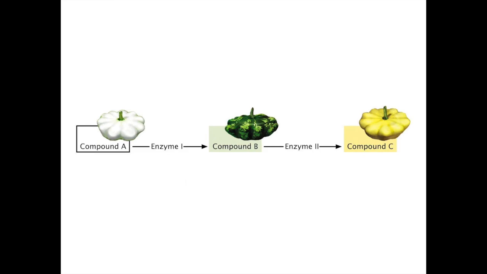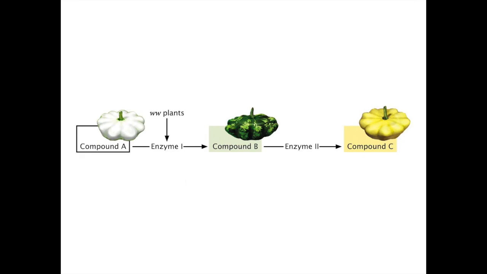Here we have an enzymatic pathway that converts compound A into compound B, which produces a green color, and then compound B is converted into compound C, which is a yellow color, by enzyme 2. Plants that are homozygous for the recessive white allele produce enzyme 1.